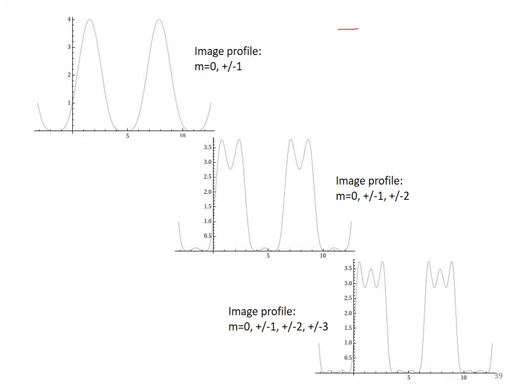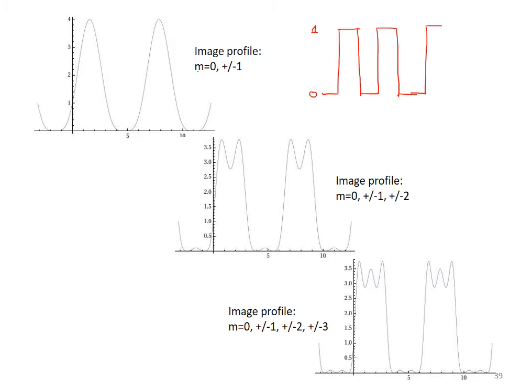Our original object was, just to remind you, a grating which had an intensity profile like this, and so that meant that the intensity was either 0 or 1.